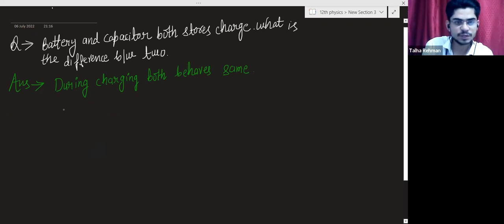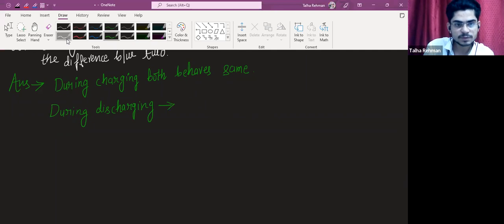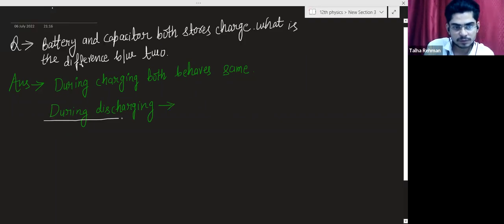But during discharging, what happens? Now let's see what happens during discharging in a battery.